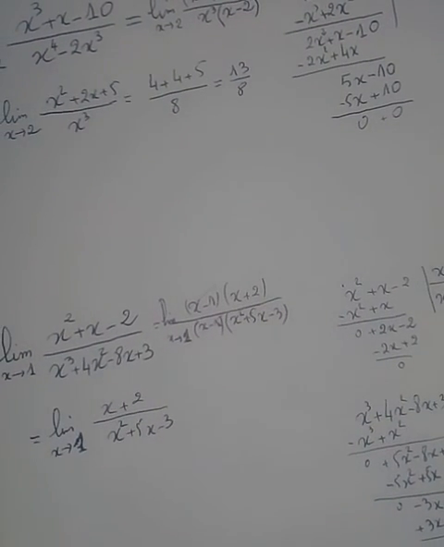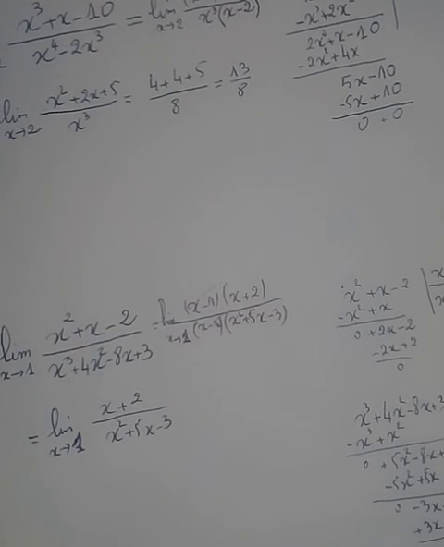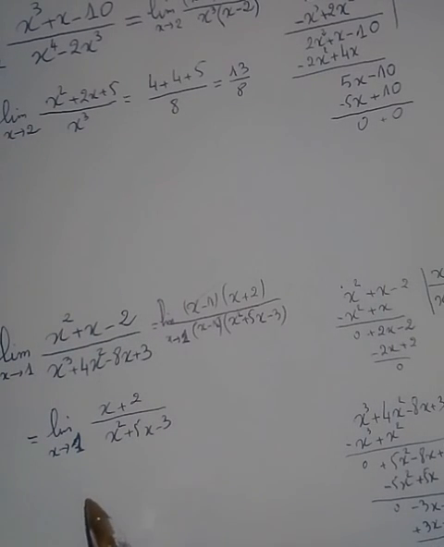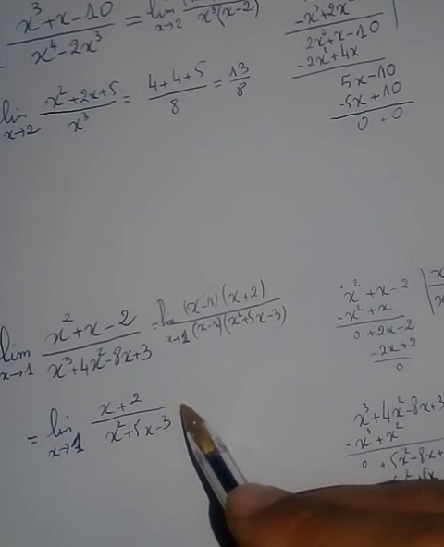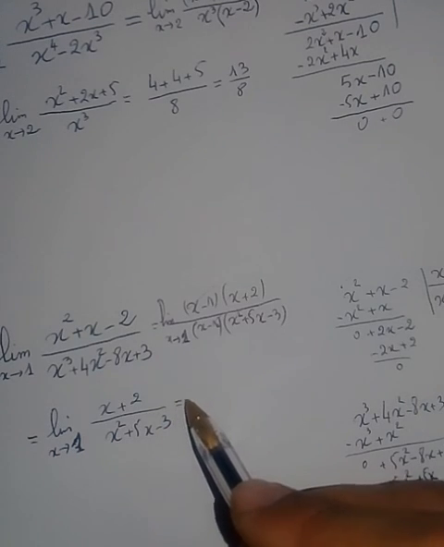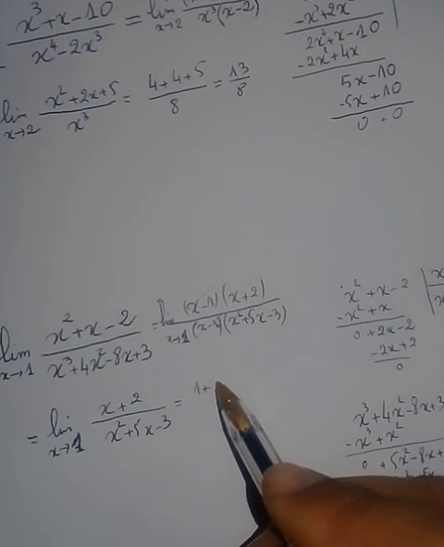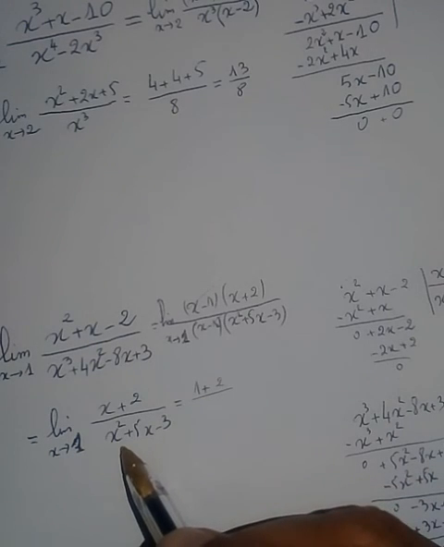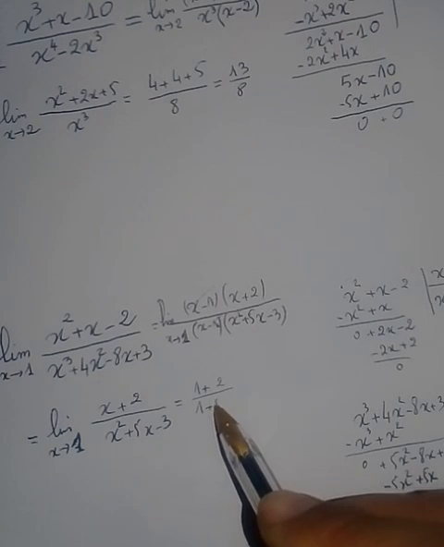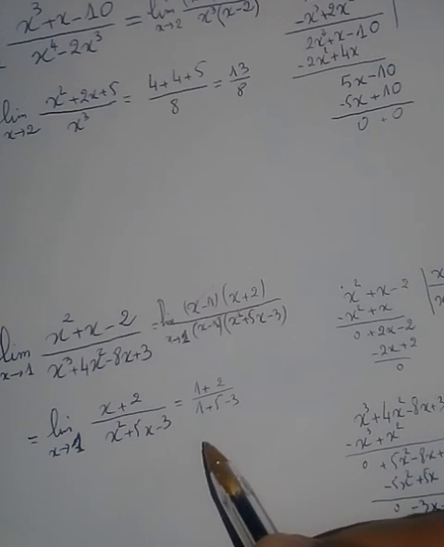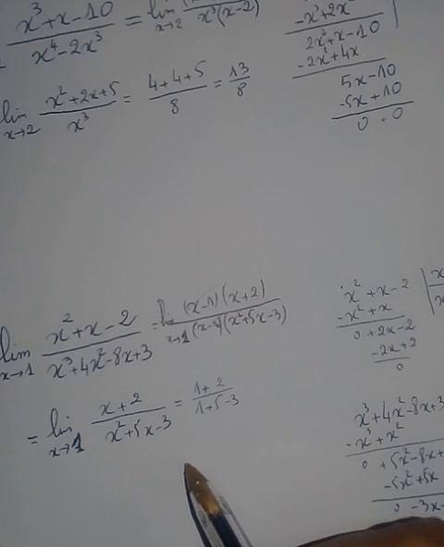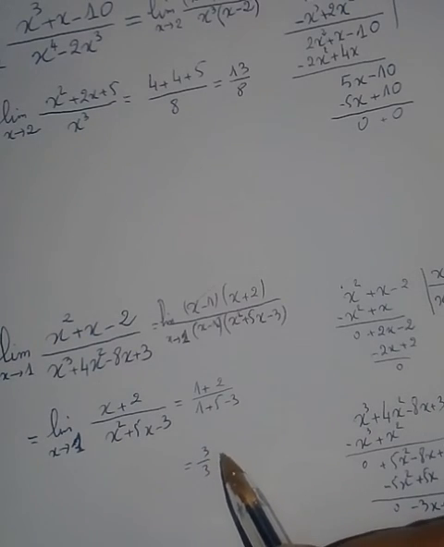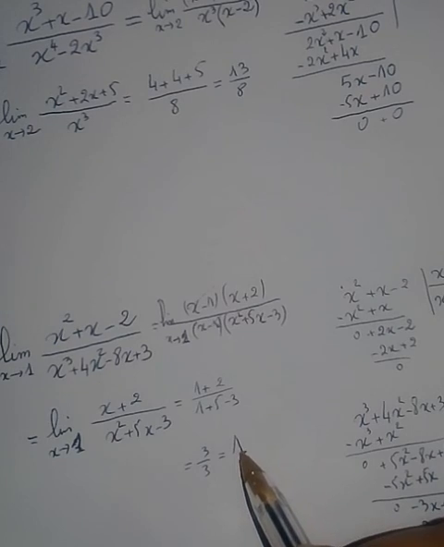Now if I plug in 1, it's going to give me a real number. It's 1 plus 2, and here it's 1 plus 5 minus 3, which is 3 over 3, which is 1.